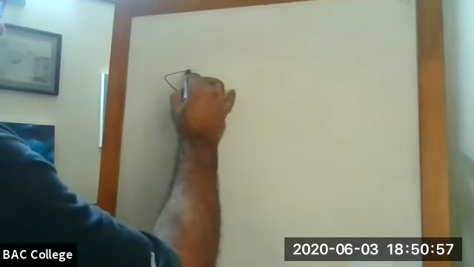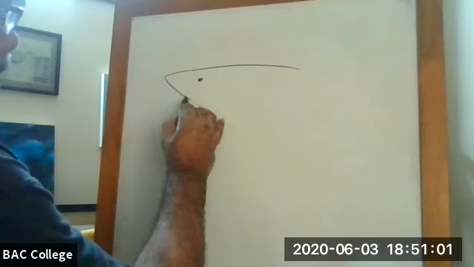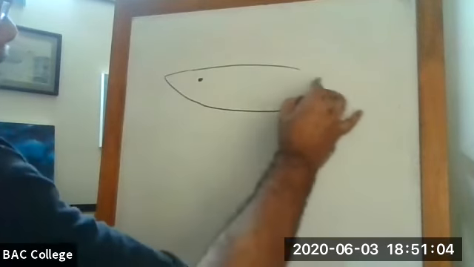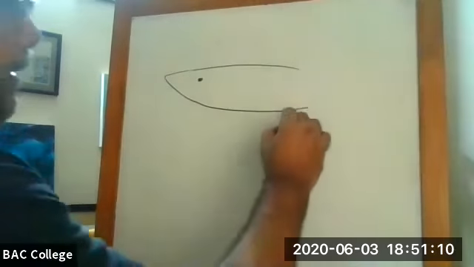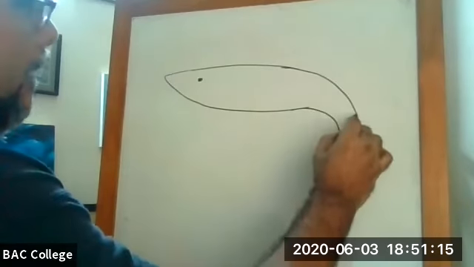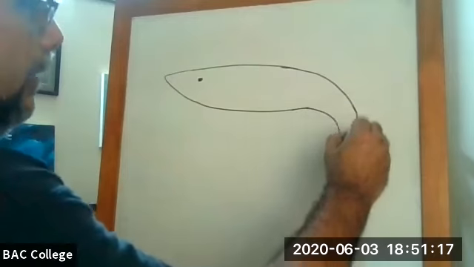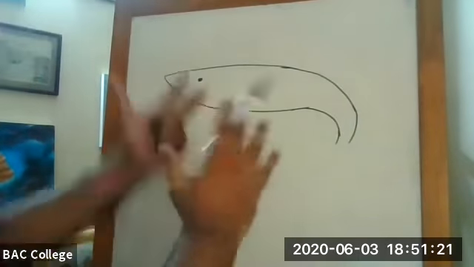Okay, and then you get the body this way of the shark, and then make it curve a little bit. Okay, make it curve a little bit, because they're quite flexible.